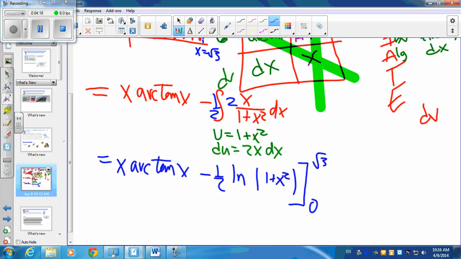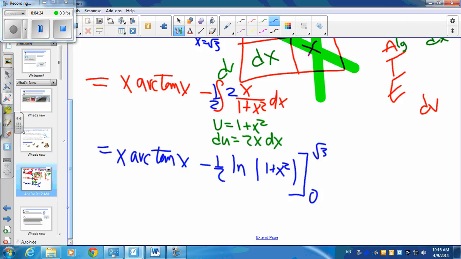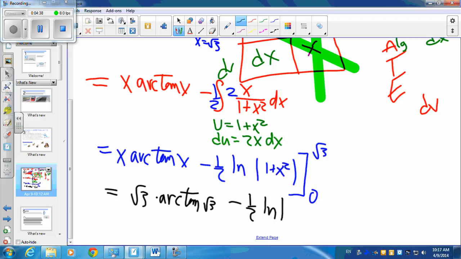How are we doing so far? You feel good about that? Okay. Now we just have to evaluate this. So you're going to put the values in, and I'll just plunk those in. Put the square root of 3 in first. Square root of 3 arctangent of the square root of 3 minus 1/2 natural log of 1 plus root 3 squared, which is 3.